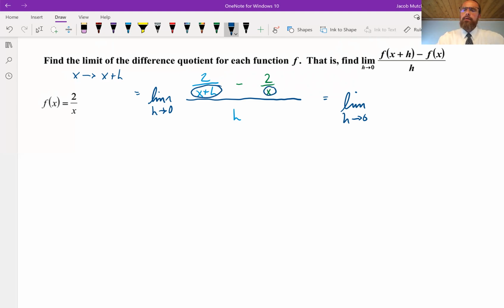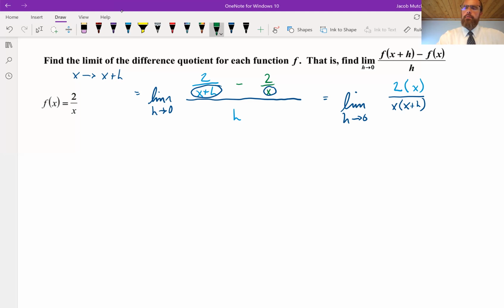So I know that the common denominator is going to be x times x plus h. So I'm going to put the 2 up here, and I'm going to multiply it by what was different. So I would have multiplied by this x, because we already had an x plus h.